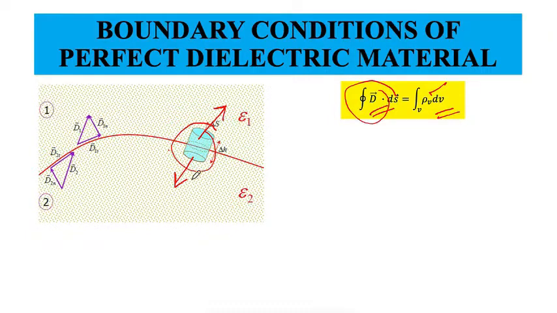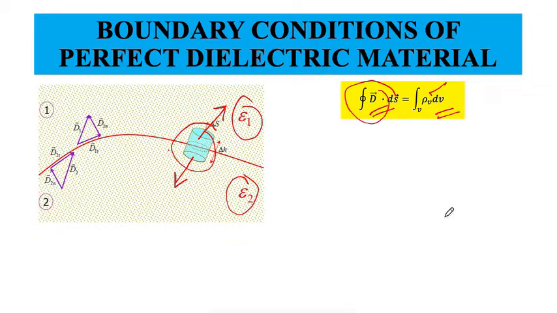This is medium 2, this is medium 1, and the tangential electric field at the top and bottom would not contribute anything. Only the normal component of the D field will contribute.